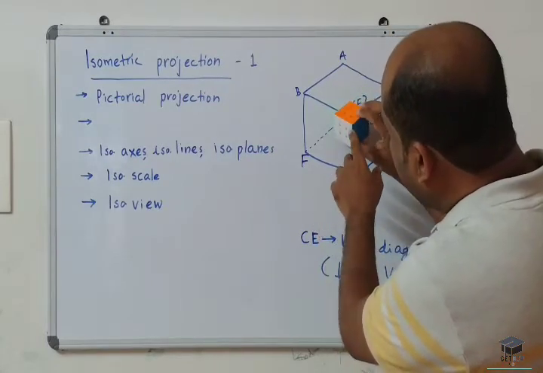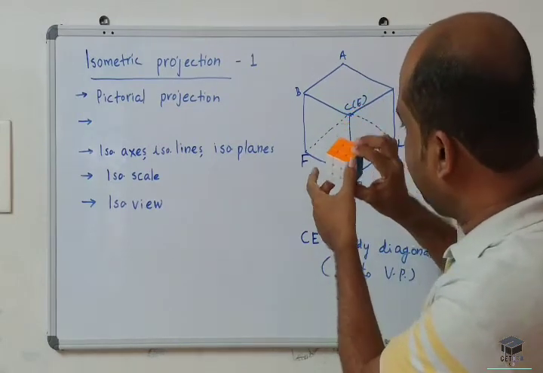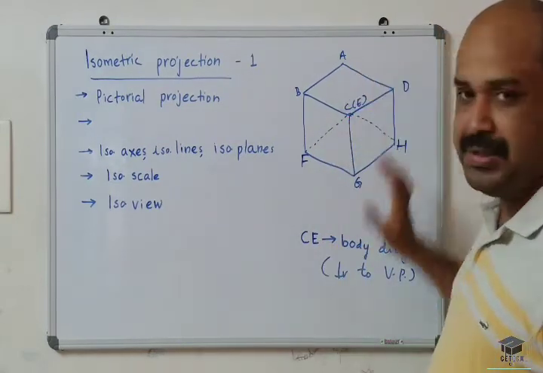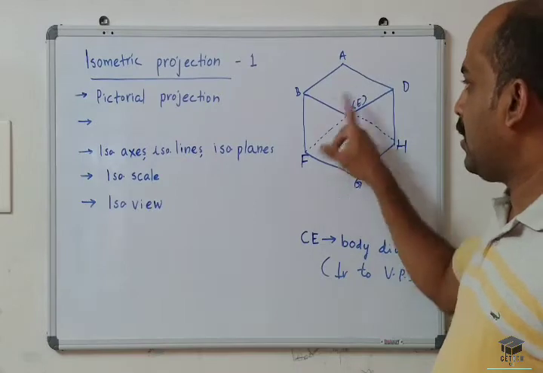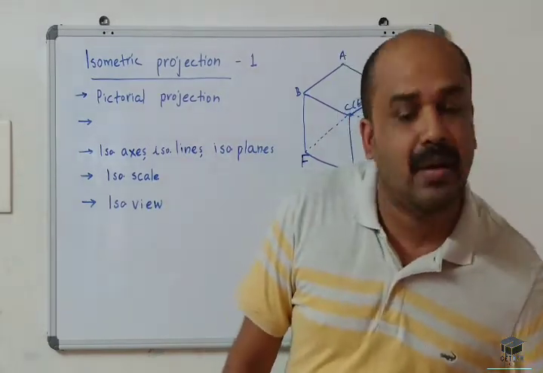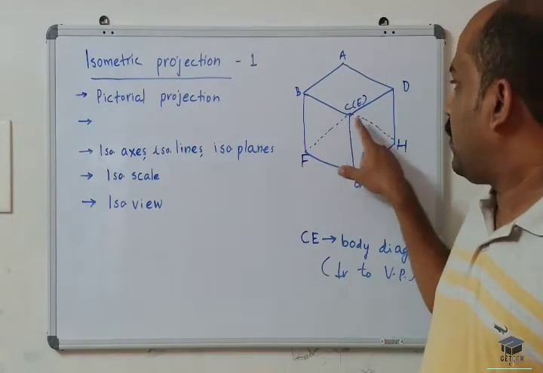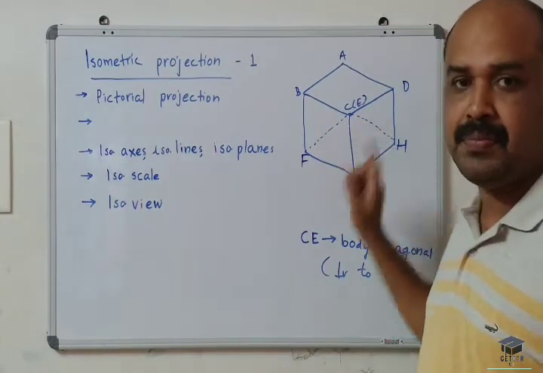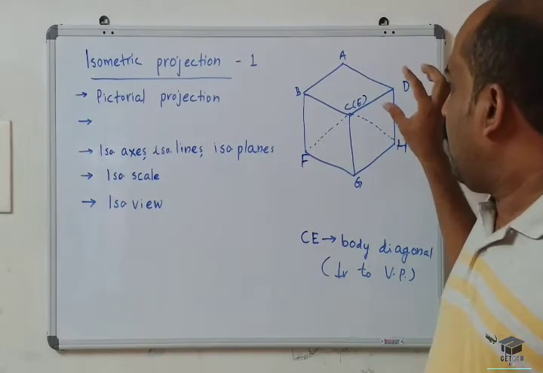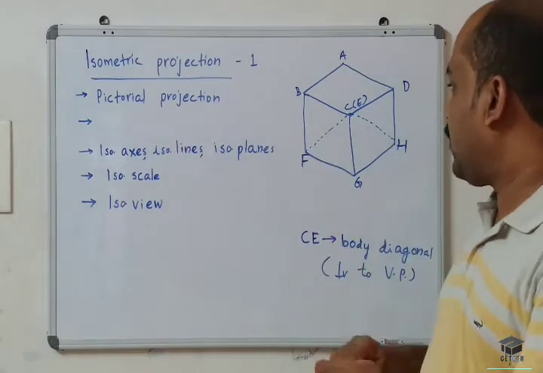If the body diagonal is perpendicular to the observer, that is, perpendicular to the VP, then its front view will be like this. What is the speciality of this front view?